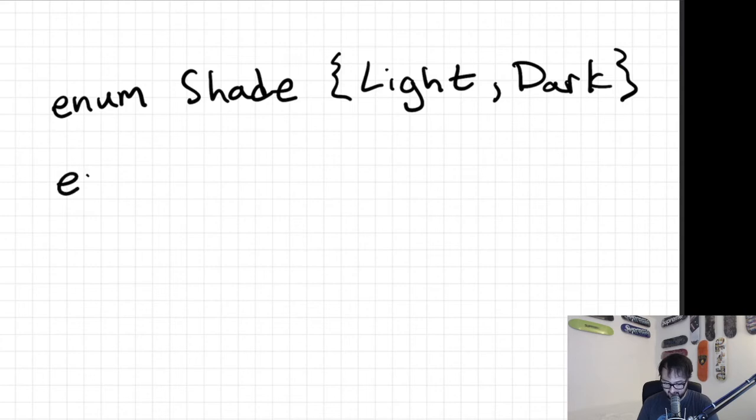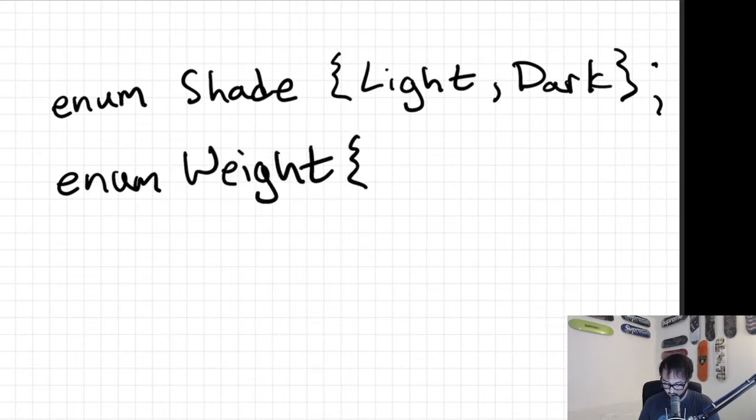And then we did enum called weight, and we also had light and heavy.